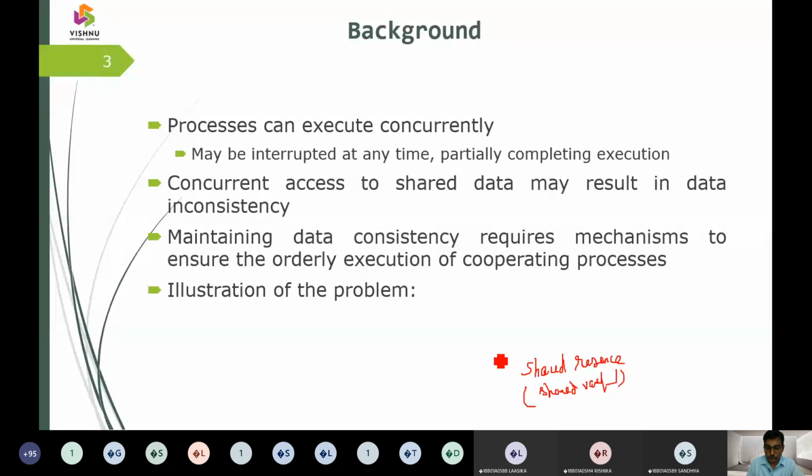This shared variable is going to be needed by process P1, by process P2, and by process P3 at a time. So now it is up to the operating system to decide which process to give it to.